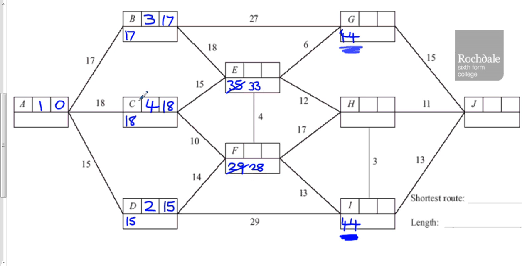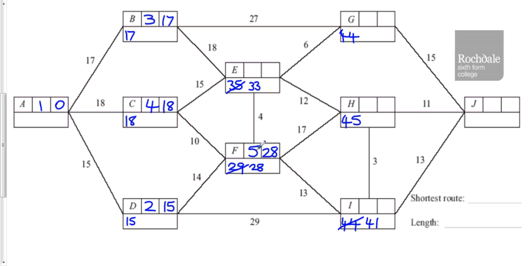So C was the fourth, which means F is the fifth to be given a final value, which is its current working value, which is 28. From F, we could travel directly to H, so that length would be 45. Or we could go to I, length 41, which is smaller than 44, so we update the working value.